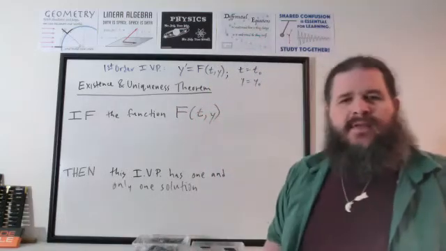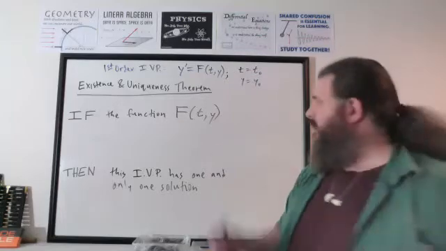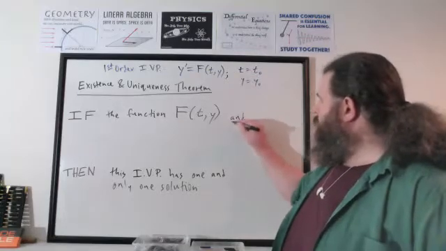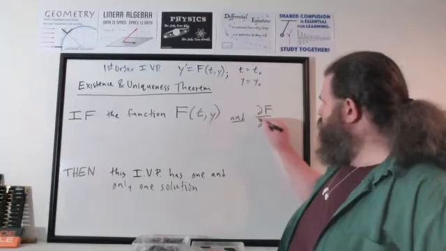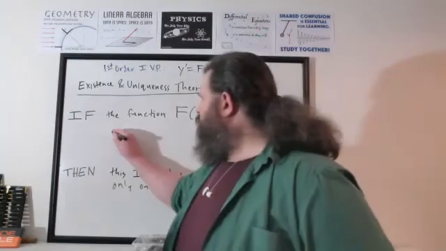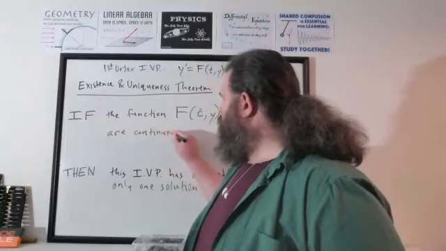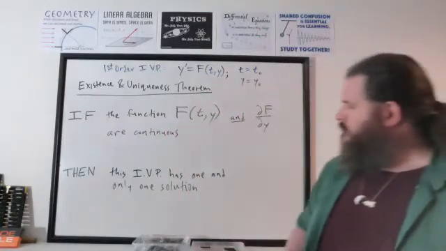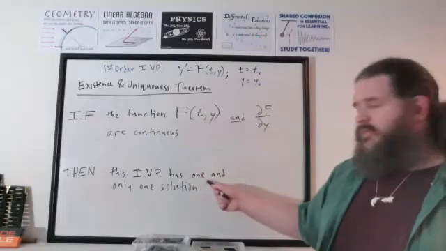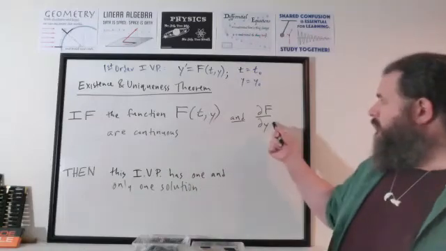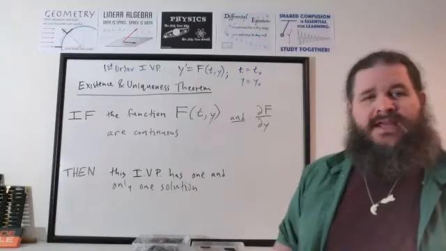And it turns out that its partial derivative with respect to y also has to be continuous. If I remember correctly, f itself being continuous guarantees there's at least one solution. The partial derivative also being continuous guarantees that there's only one solution, that the solution is unique.